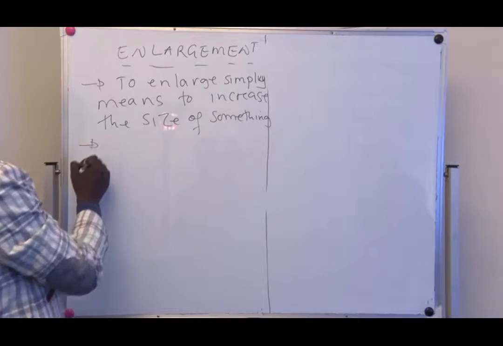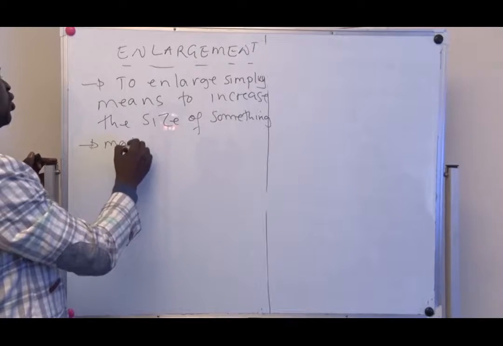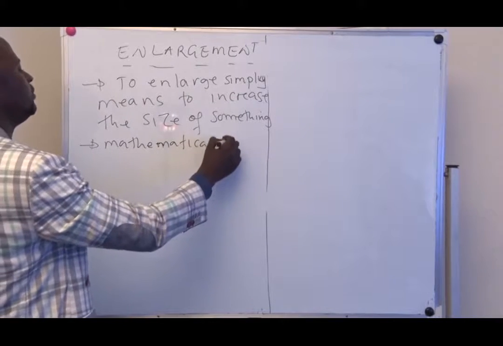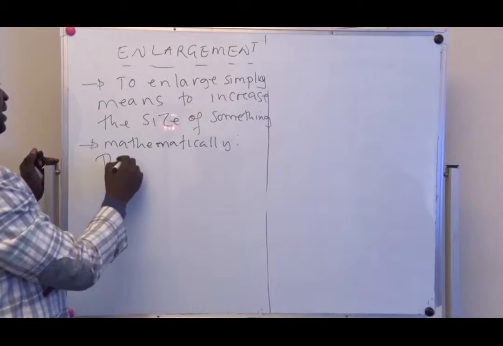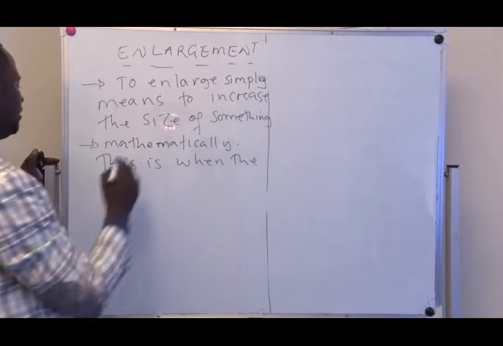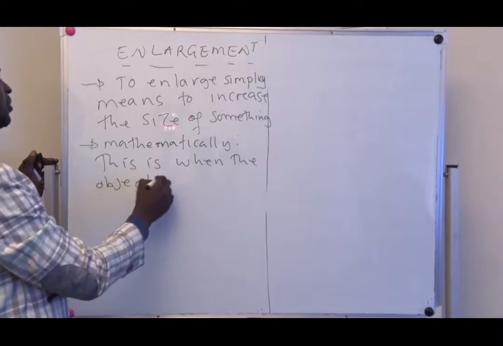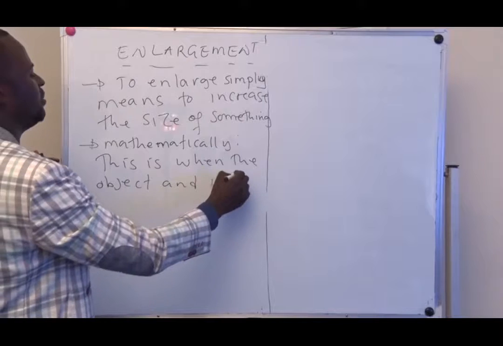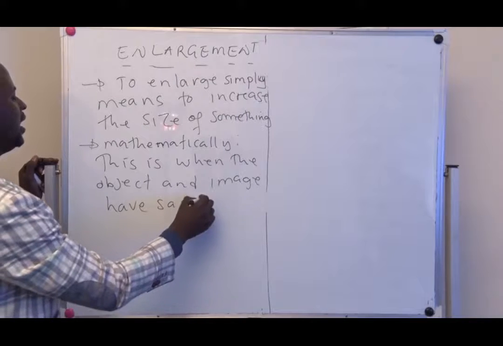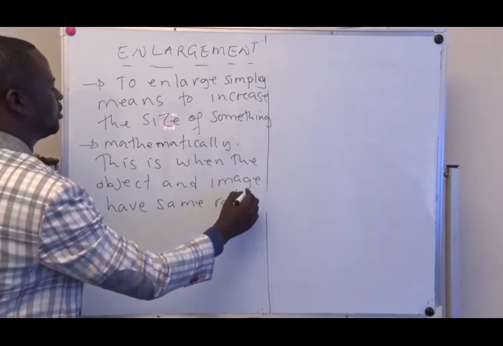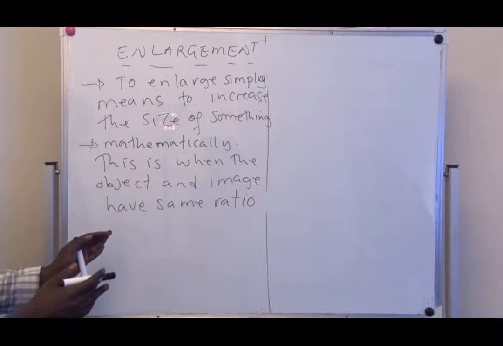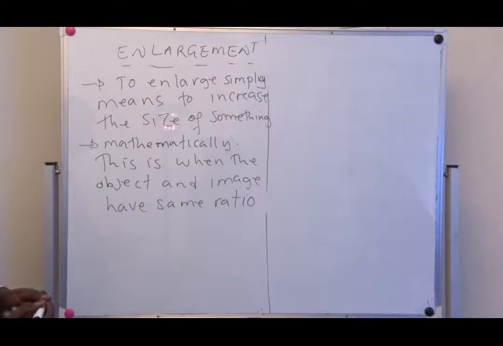Now, mathematically, we need to know what enlargement is. Mathematically, we can say this is when the object and image have the same ratio. When the object and the image are proportional or have the same ratio, that is what is called enlargement.